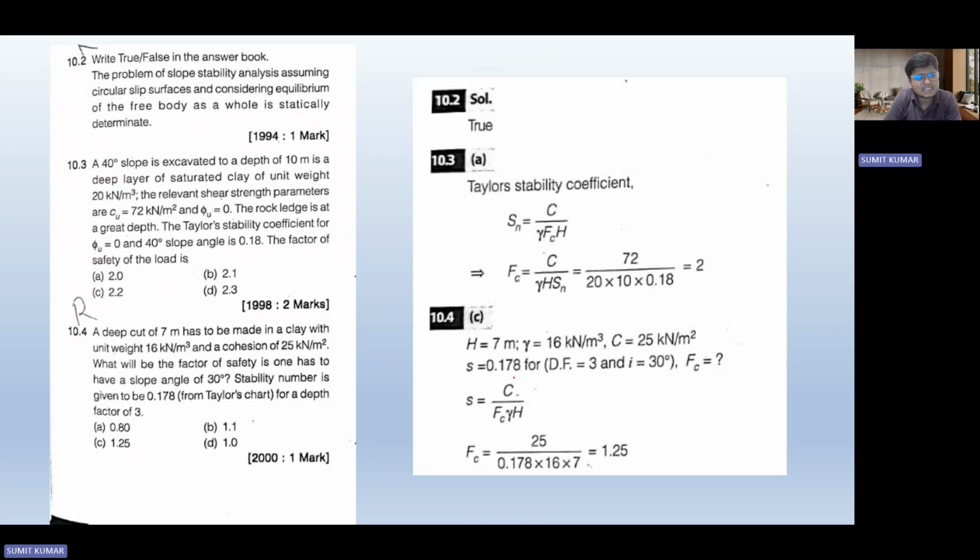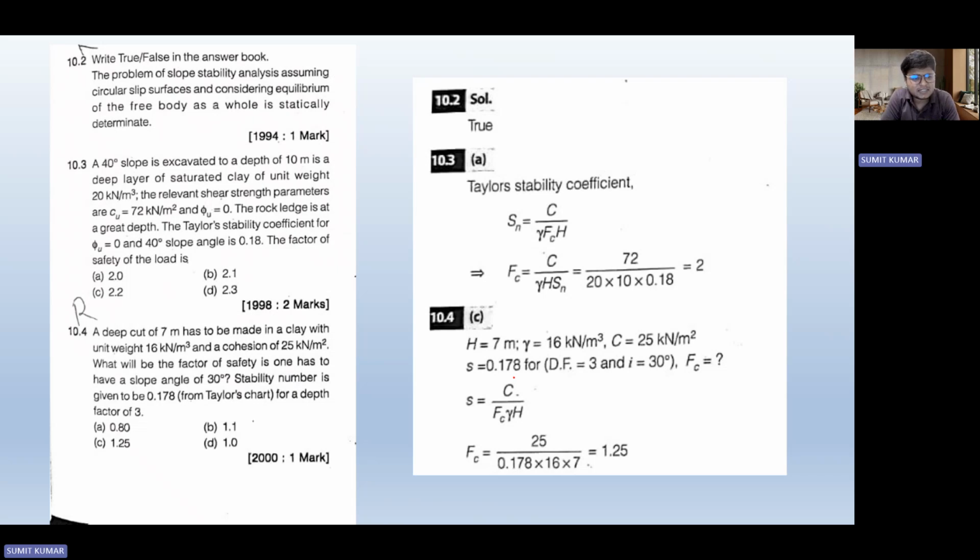Next question is a 40-degree slope excavated to a depth of 10 meter in a deep layer, which we have shown through a figure in this session, of a saturated clay of unit weight 20 kilonewton per meter cube.